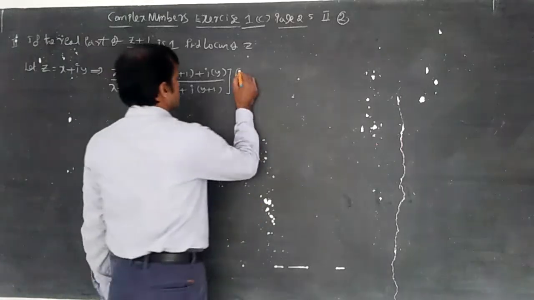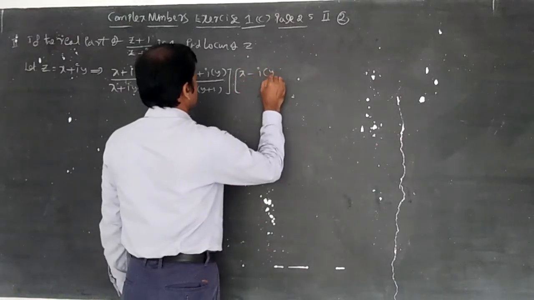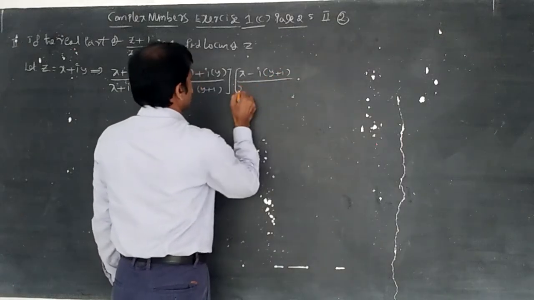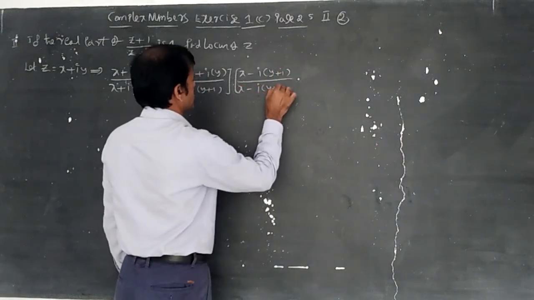Rationalize the denominator, so multiply with the conjugate complex number x minus i(y plus 1).